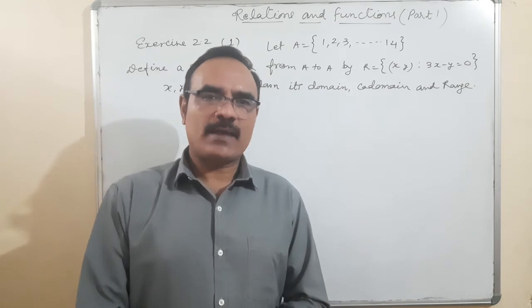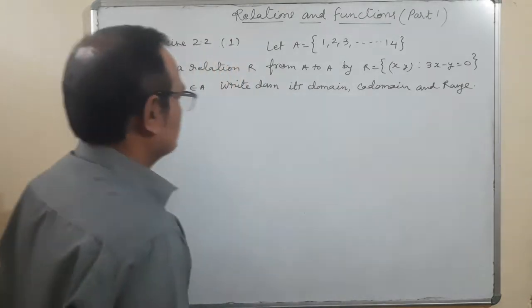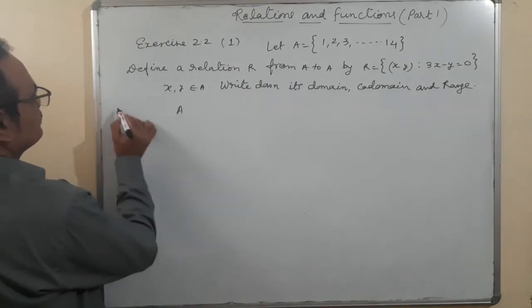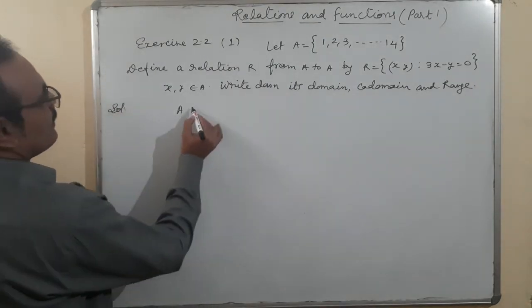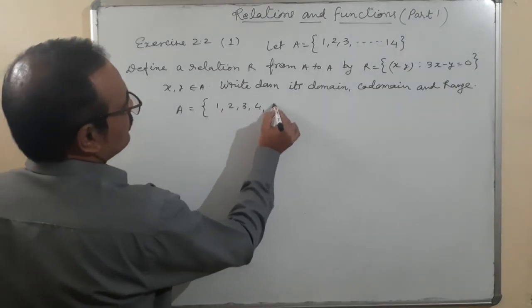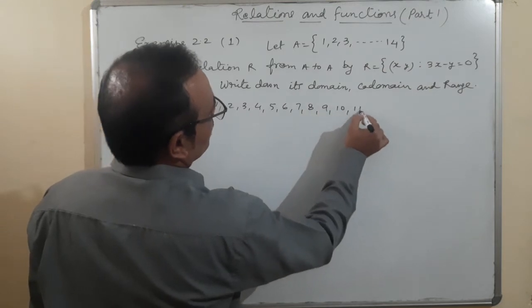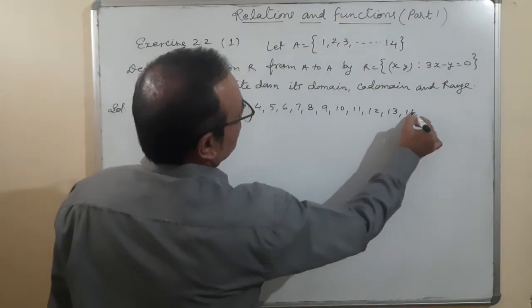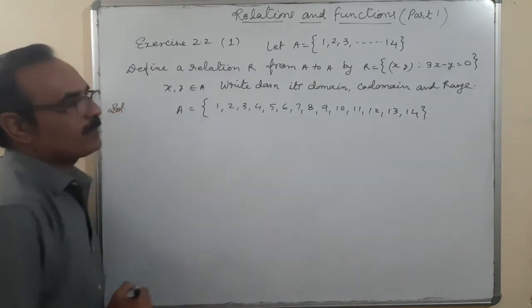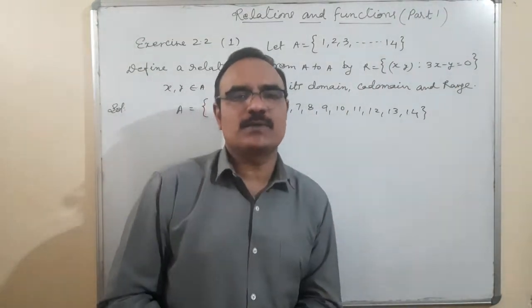Let A be a set having natural numbers starting from 1 to 14. The elements present are 1, 2, 3, 4, 5, 6, 7, 8, 9, 10, 11, 12, 13 and 14. Relation R is equal to {(x, y) such that 3x minus y is equal to 0}.